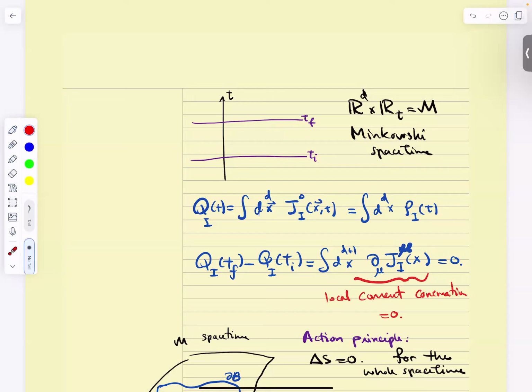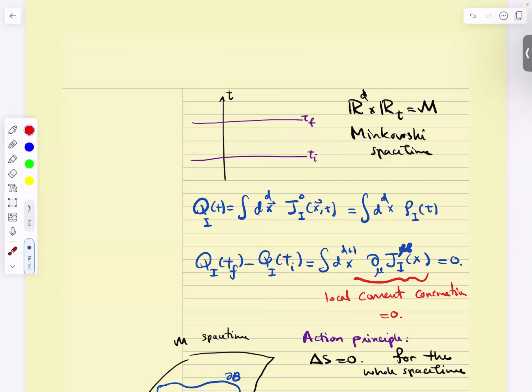I can write the value of the charge here minus the value of the charge there as an integral of the divergence of the current over this region. If the divergence of the current vanishes, the charges cancel. That's the connection between conservation of charge and conservation of current.